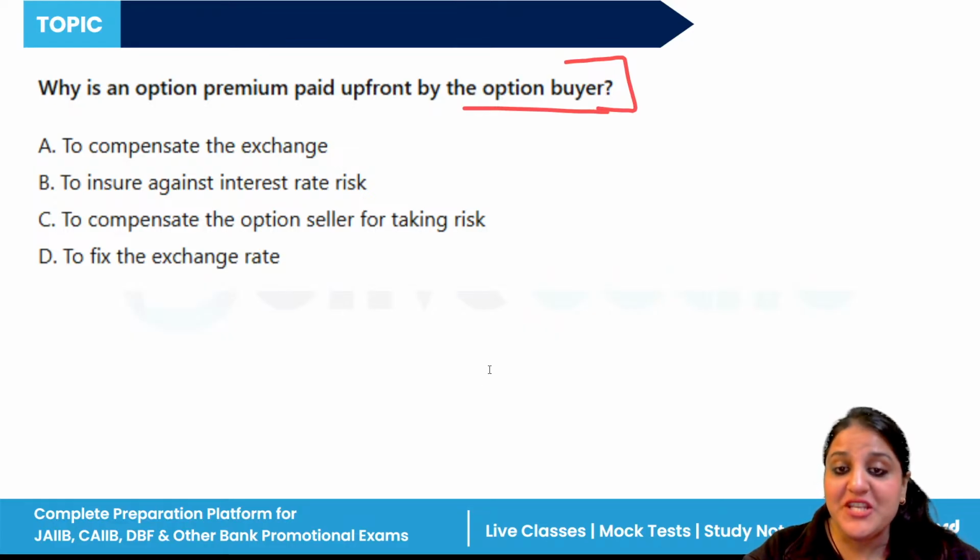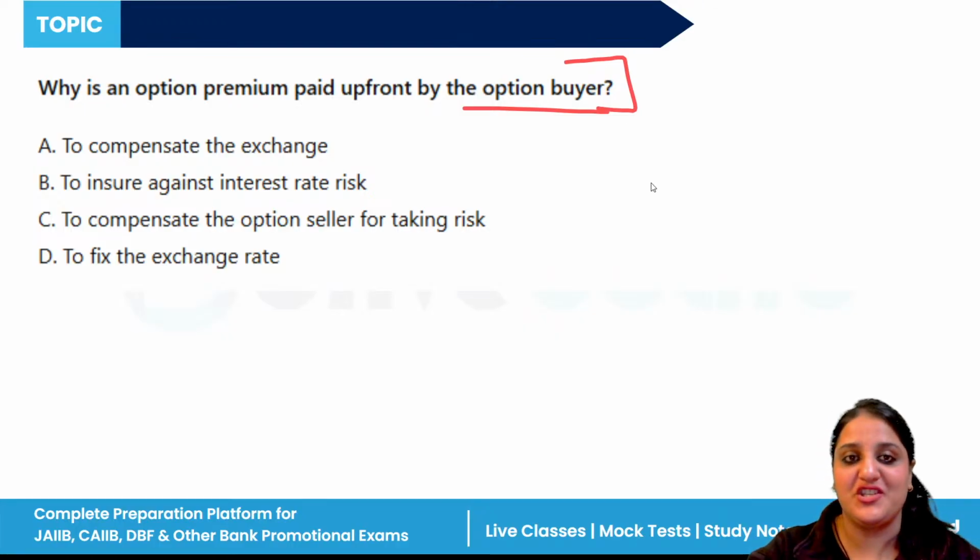The option seller carries the risk of loss, and therefore the buyer pays the premium as the compensation.